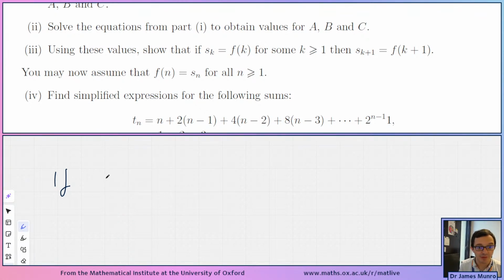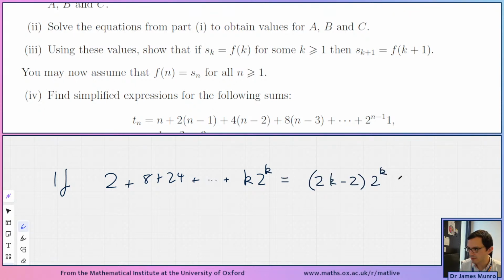So the question for part 3 says, show that if 2 plus 8 plus 24 plus k 2 to the k, if this is true for some k greater than or equal to 1, then, so show that.